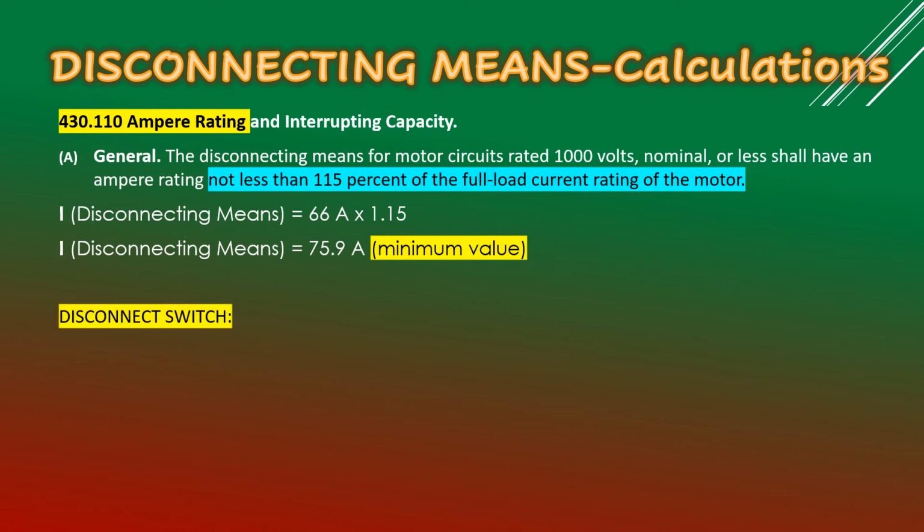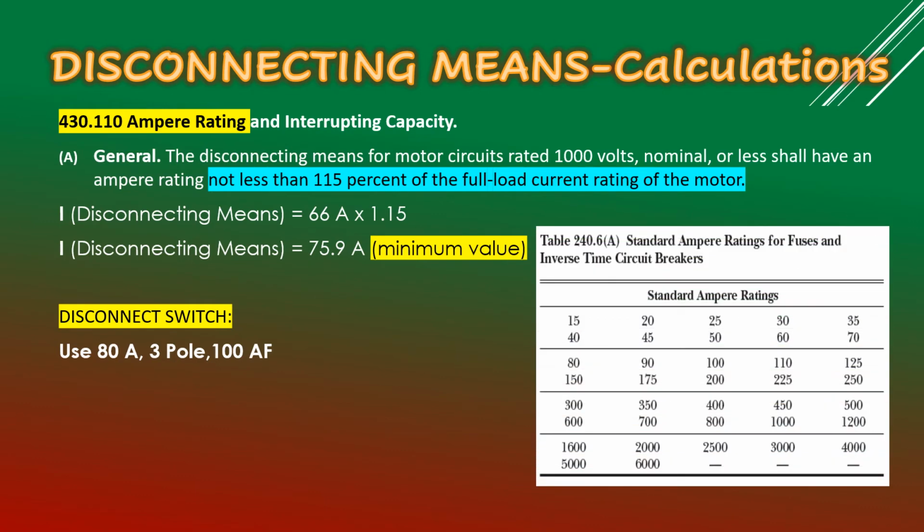So for the disconnect switch, use 80 ampere, 3-pole, 100 ampere frame. The ampere frame you can also find in the product catalogs. Basing from the standard ampere ratings for fuses and inverse time circuit breakers, we have a standard of exactly 80 ampere.